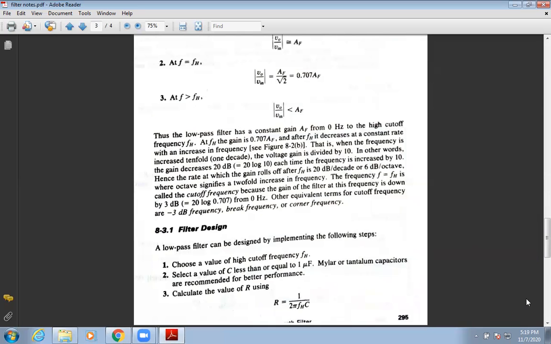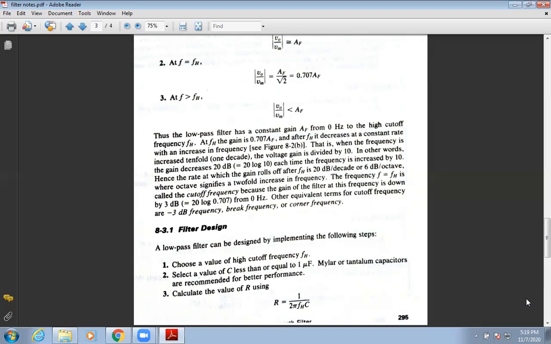Now, how to design a particular filter? A low pass filter can be designed by implementing the following steps. Number one, choose a value of high cutoff frequency fH. Suppose we select a frequency of 1 kilohertz, 2 kilohertz or 3 kilohertz depending upon the requirement.